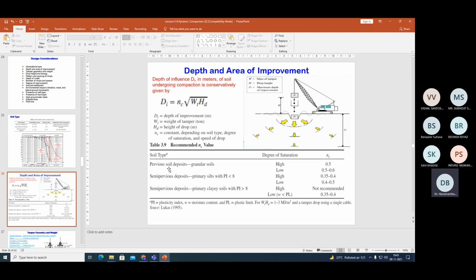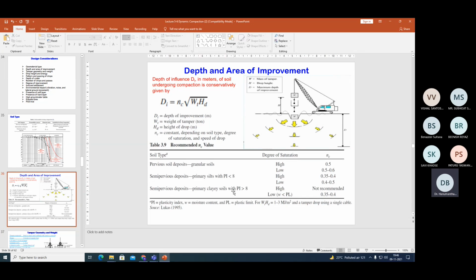Suppose if the soils are pervious, that is granular soils, you can take NC as high as 0.5 and as low as 0.5 to 0.6. Then if it is a semi-pervious deposit with PI less than 8, you can go for as high as 0.35 to 0.4 or as low as 0.4 to 0.5.